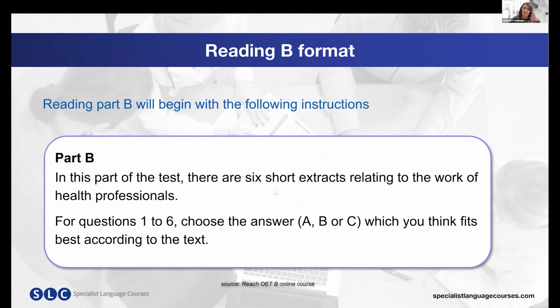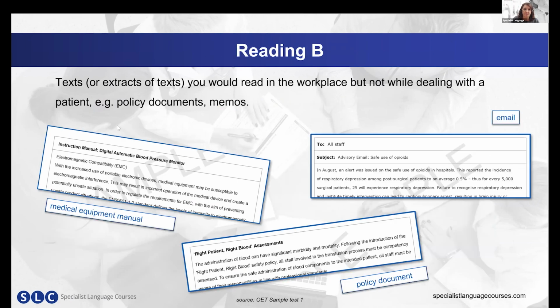This means they may be whole texts or they may be a shorter extract from a longer document, and they are all relating to the work of healthcare professionals. As we've discussed, the texts could be policy documents. You could have memos or emails, and you may have manuals, so medical equipment manuals, for example.